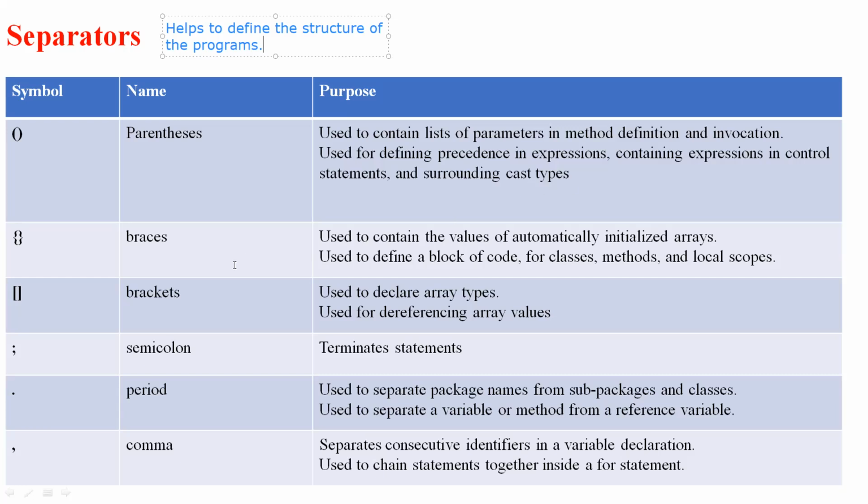When I talk about braces, they are used to define a block or the scope of elements. They are used to define a block of code, or a scope of a particular variable. They are also used to contain the values for automatically initialized arrays.